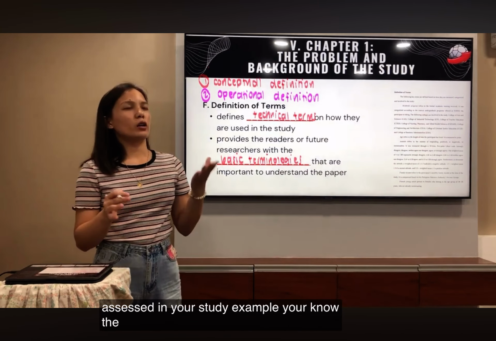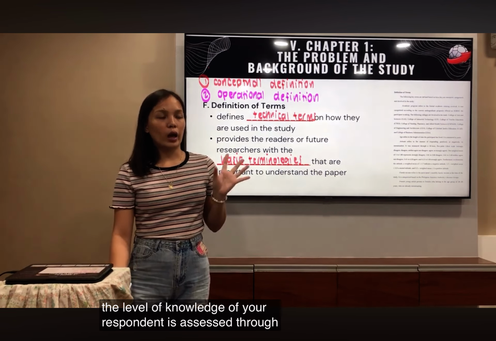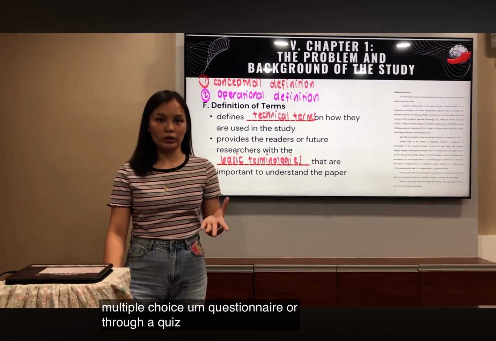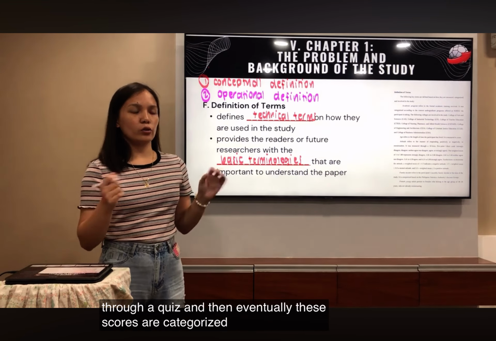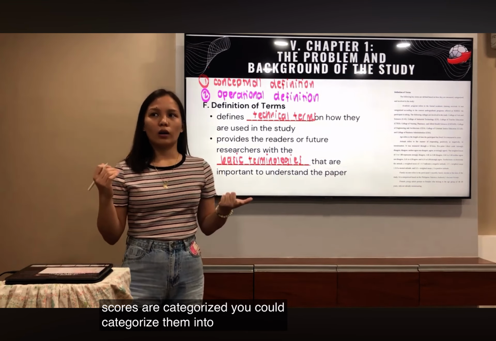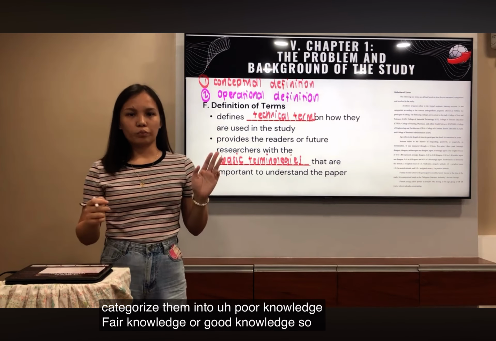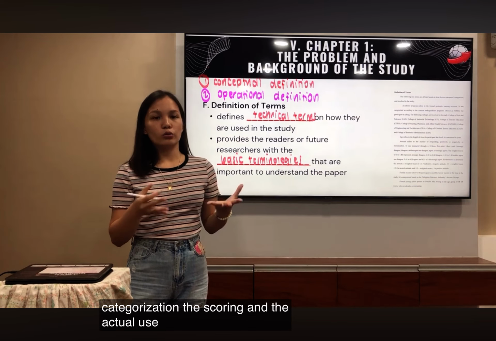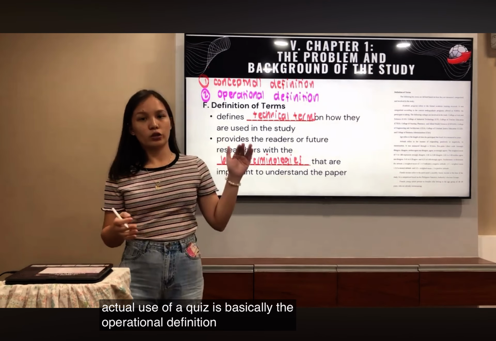For example, the level of knowledge of your respondents is assessed through a multiple choice questionnaire or through a quiz. And then eventually these scores are categorized into poor knowledge, fair knowledge, or good knowledge. So the categorization, the scoring, and the actual use of a quiz is basically the operational definition of knowledge.